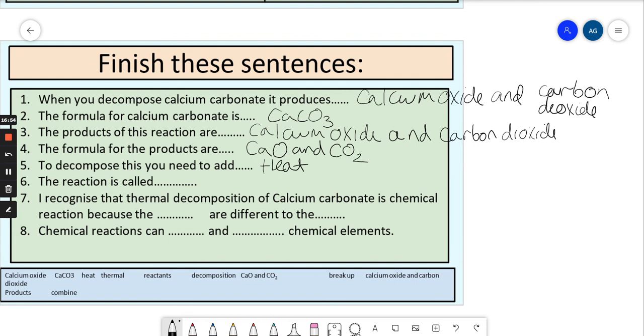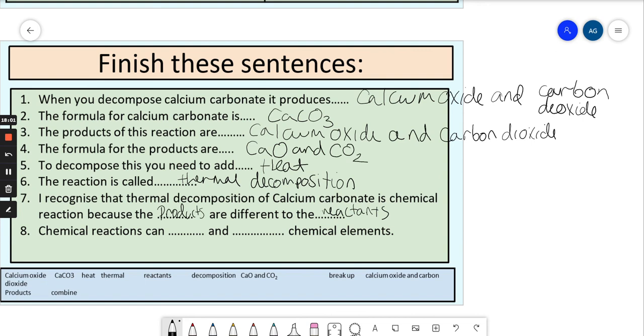This reaction is called a thermal decomposition reaction. I recognise that thermal decomposition of calcium carbonate is a chemical reaction because the products are different to the reactants.